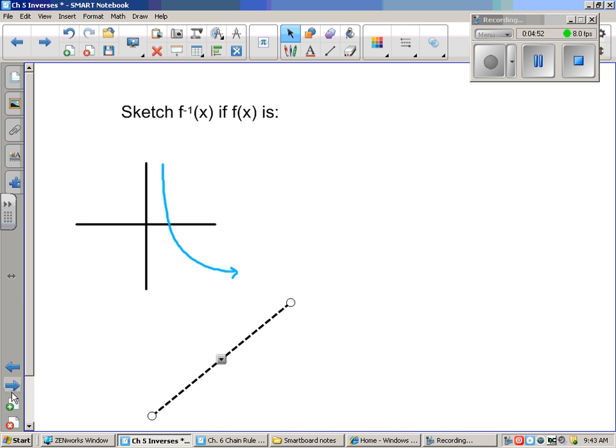And that is the crux of it all. I told you at the beginning of this lesson that there was one thing I wanted you to learn, and it is this: the graph of the inverse function is simply a reflection in the line y equals x. Let me say that again. The graph of the inverse function is simply a reflection in the line y equals x.